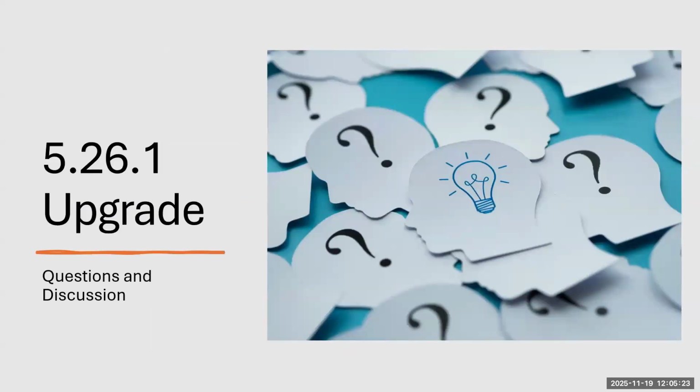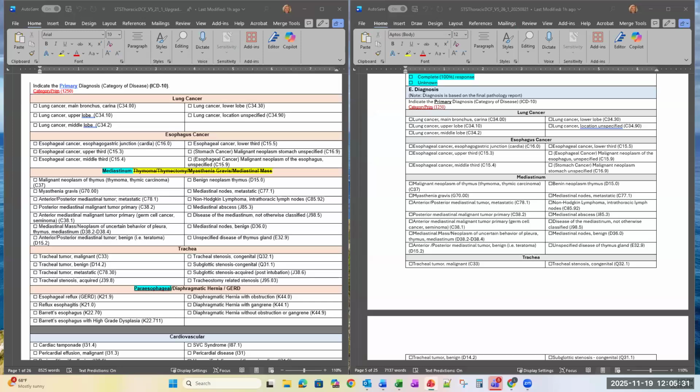All right, let's go ahead and jump into our review for today. We're going to pick up where we left off last week, starting with our primary diagnosis variables. For those of you who did not join us last week, on the left I have the markup version of the 5.26 form.